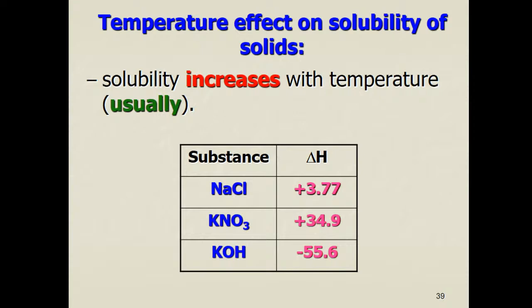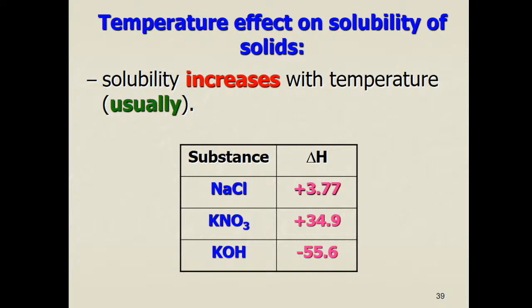Potassium nitrate has a much bigger endothermic effect. If we take not potassium but ammonium nitrate, it will be an even much bigger positive value. And potassium hydroxide has quite a strong exothermic effect. So if you dissolve potassium or sodium hydroxide in water, you can even feel how hot the test tube becomes.